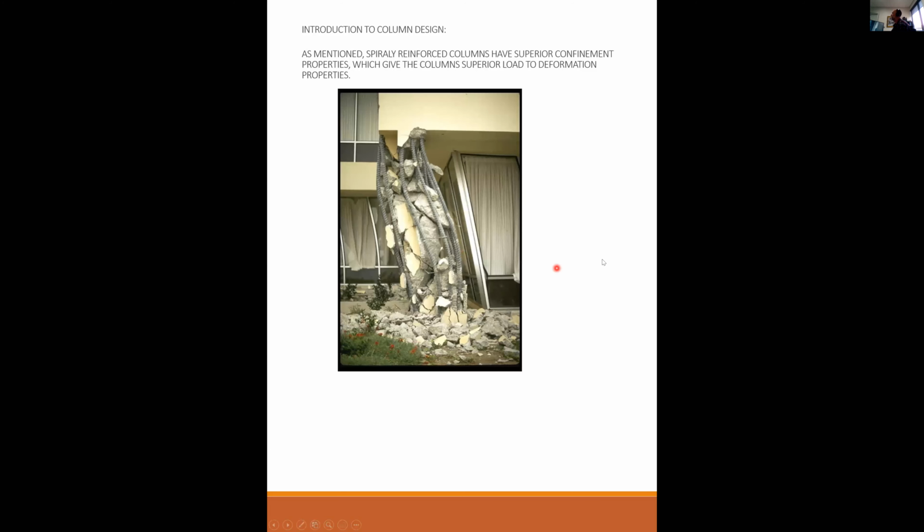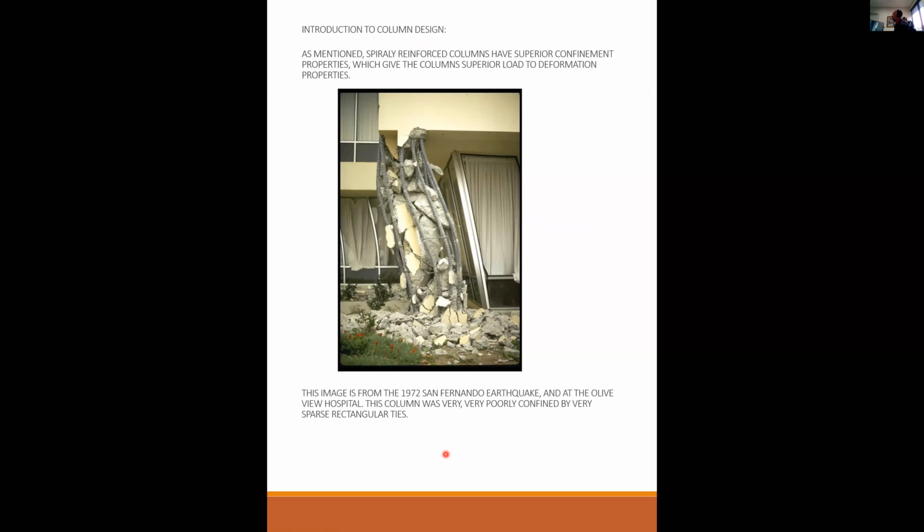As mentioned, spirally reinforced concrete columns have superior confinement properties, which gives the column superior load to deformation properties. So this is a photograph of what really happens. This image is from the 1972 San Fernando earthquake at the Olive View Hospital, which does not exist anymore.